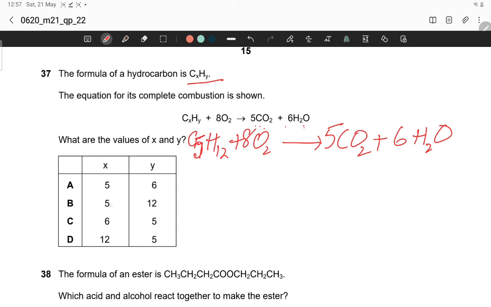So this is incorrect, this is correct, this must be correct.